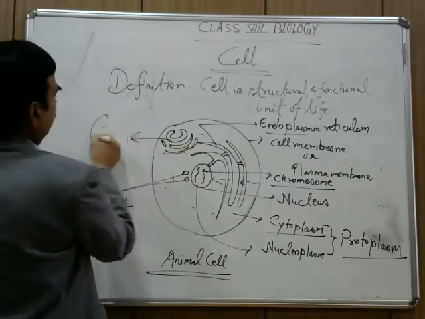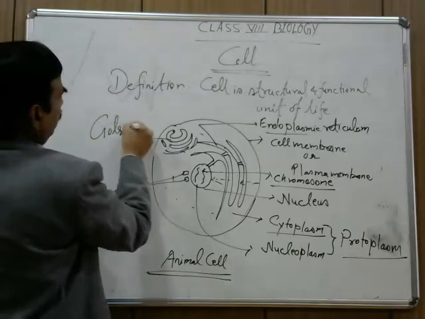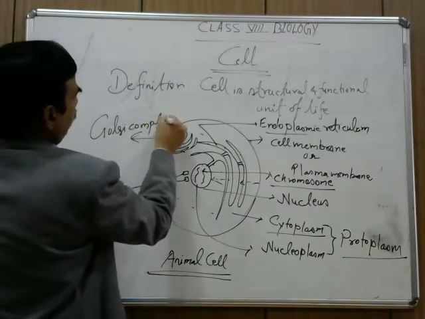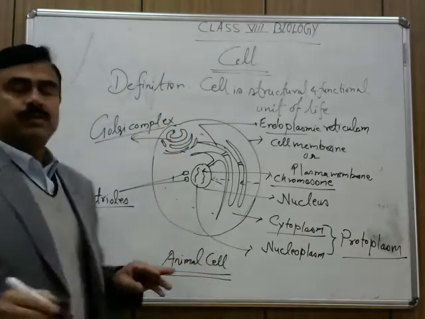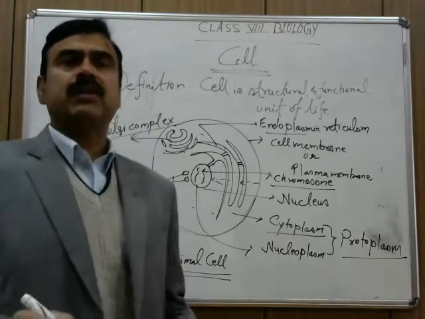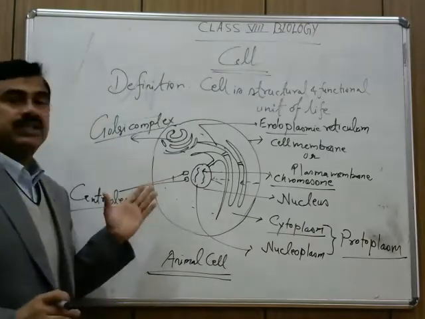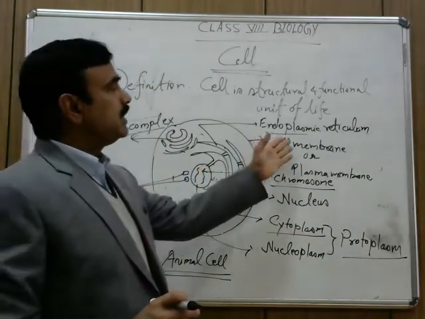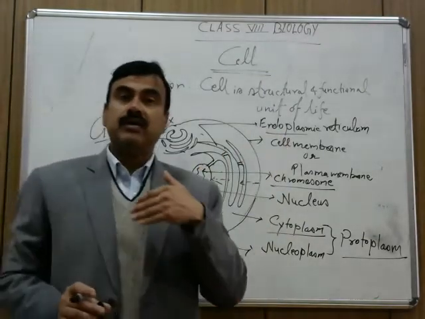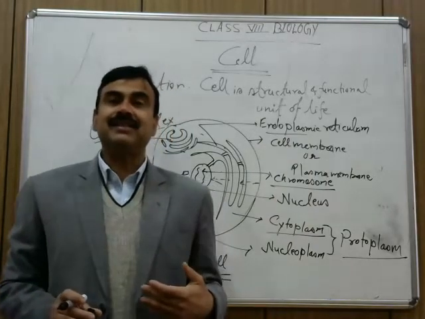Can you see here? Golgi body or Golgi complex or Golgisome, same meaning. These are responsible for packaging and secretion of the material. Endoplasmic reticulum is responsible for protein synthesis, fat synthesis.